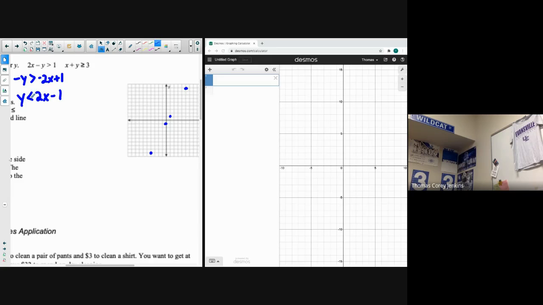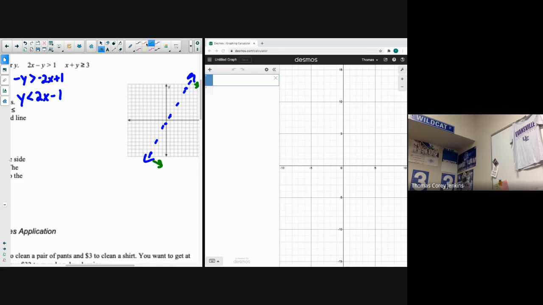Our boundary line is also dotted, as the points on the boundary line are not included because it's strictly less than. And when I think about my shading, I consider this inequality sign after we flipped it. I'm looking at less than, so I want to shade on the low side of my boundary line, or in the case of this graph, the southeast side.